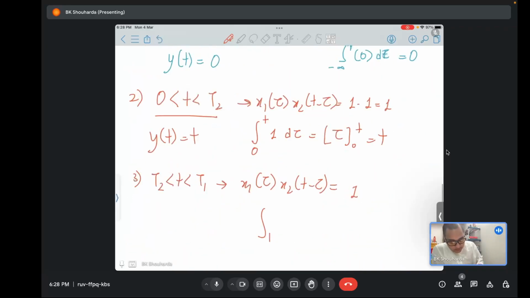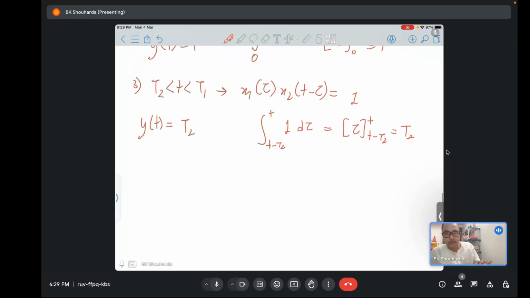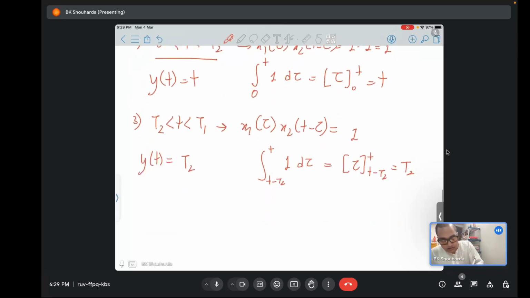So it will start with t minus t2 and it will end at t, and the product is 1, so you get tau from t minus t2 to t, so y of t is capital T2 for the entire time between t2 to t1. I think I should have done the red color, okay.